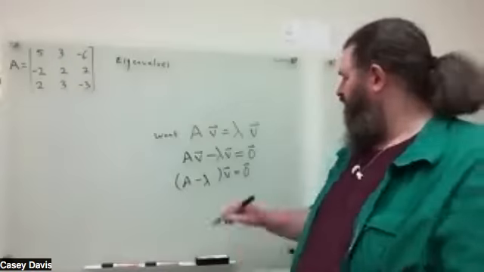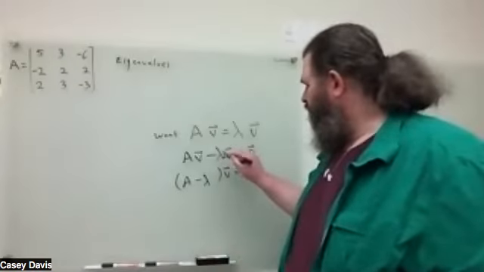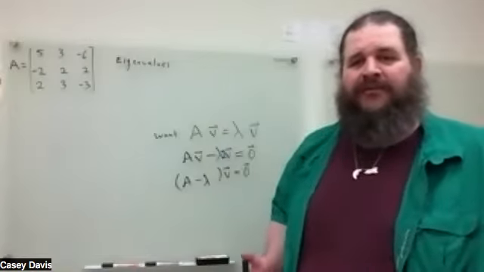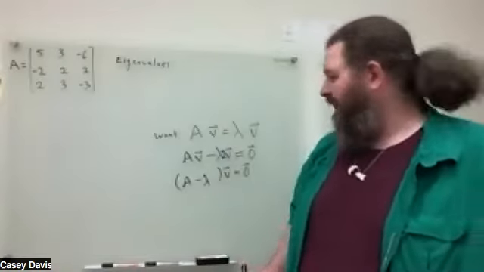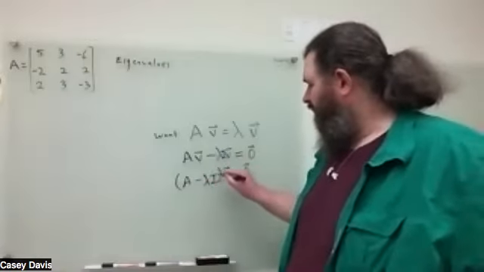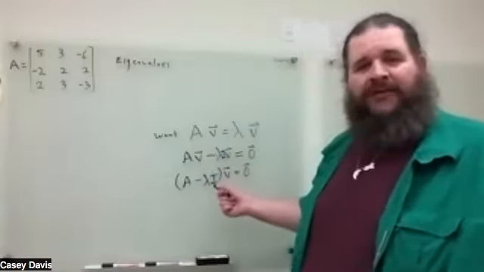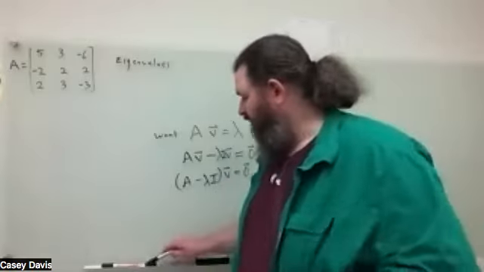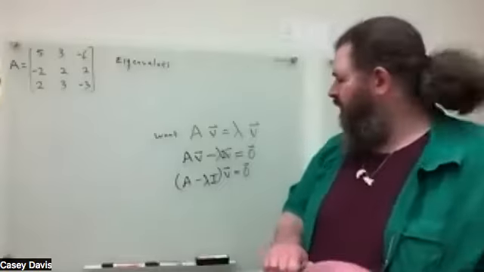Yeah, if we fill in the identity matrix, lambda times I times v, we haven't actually changed the value, we've just changed how we're writing it. Now if we factor out v, we get A minus lambda I. And lambda I is a matrix, so this subtraction actually makes sense. You can subtract a matrix from a matrix.